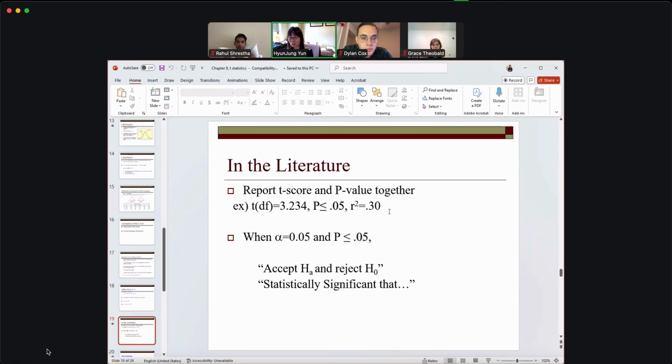This is the number you can use for that interpretation. Okay, so since, for example, we use the alpha value of 0.05, we confirm that the p-value is smaller than the alpha value.